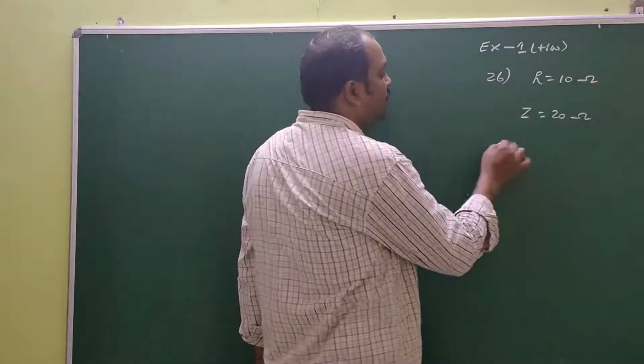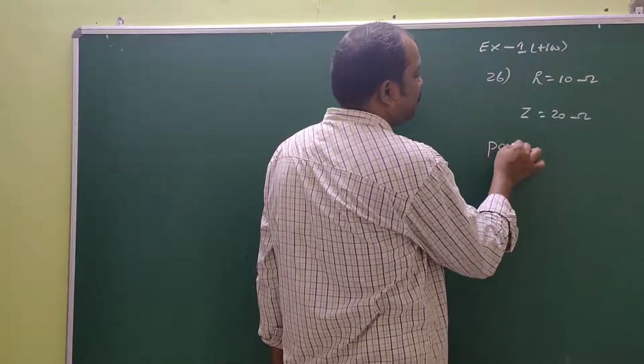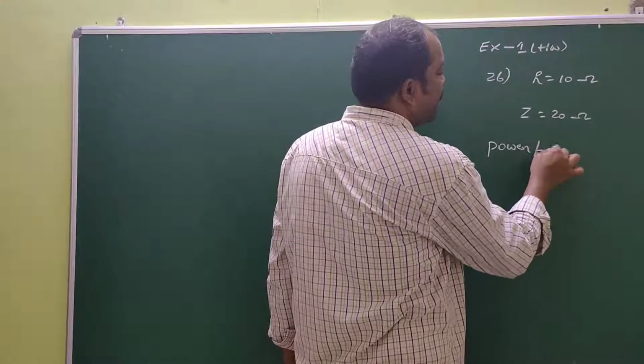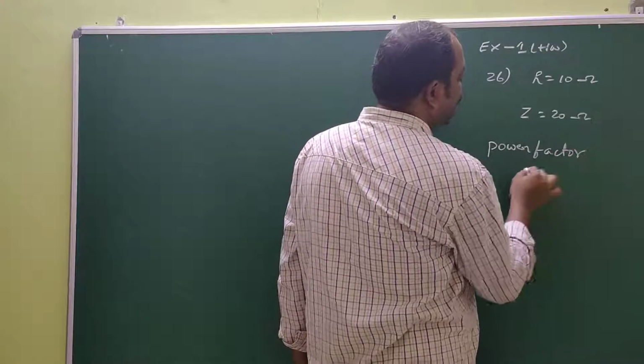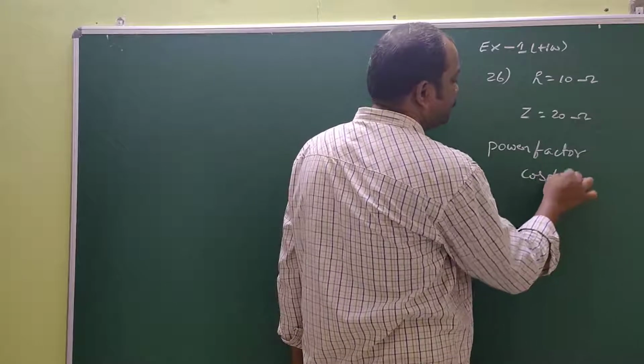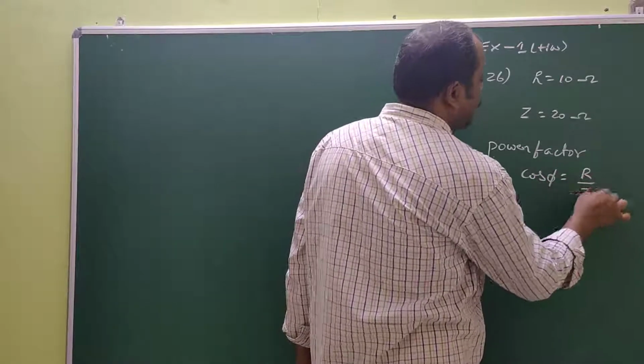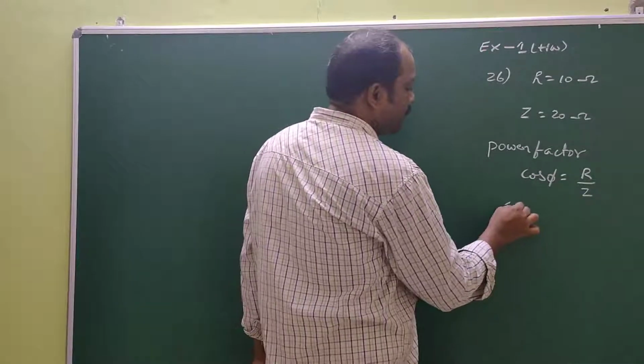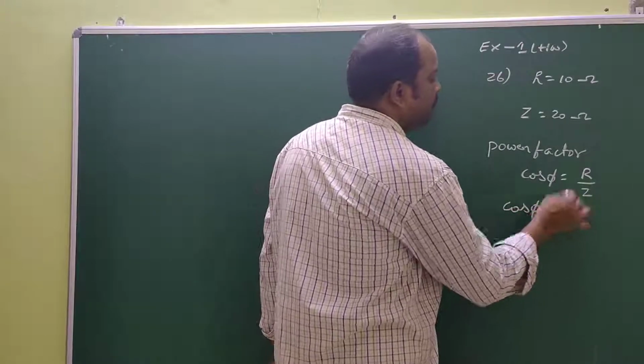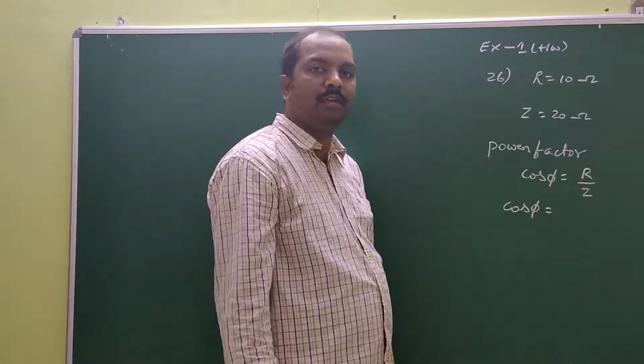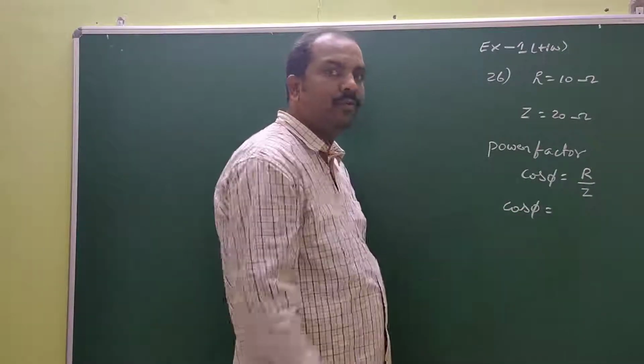See, already we discussed in the last problem. Power factor cos phi is equal to R by Z. So what is phi actually? Phase difference between the current and voltage.